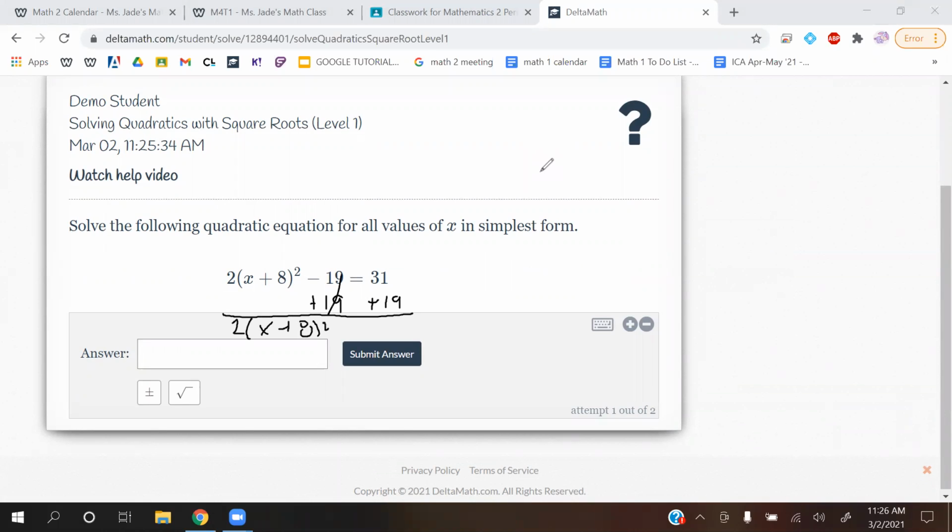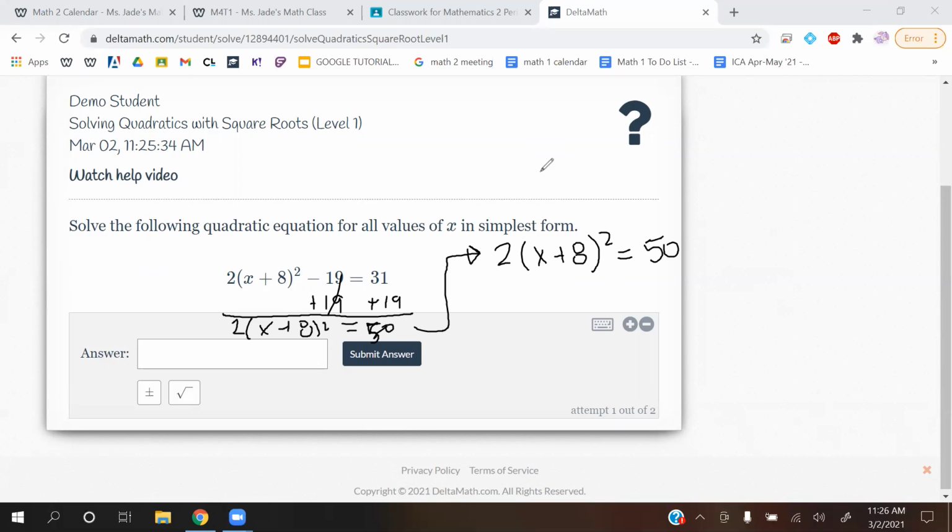Those cancel out because the minus 19 and the plus 19 cancel out. And then here we have 50. Sorry, that says 50. I'm going to rewrite it because it's messy and because you need more space. So I just rewrote it here.